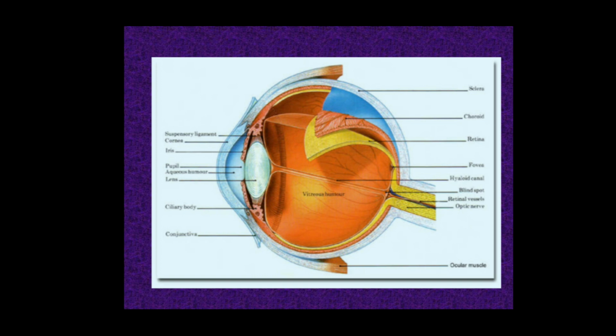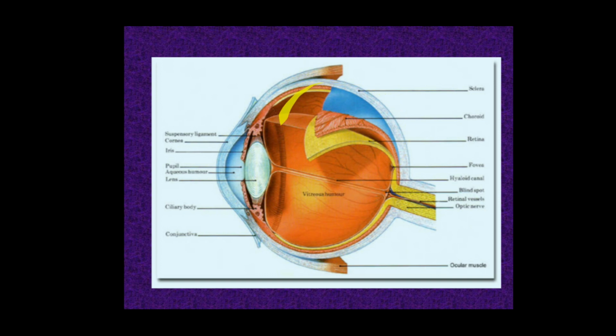The eye appears as a hollow spherical organ. It has different layers. There are three major layers. Here you can see the outside a white layer, the middle a red layer, and the third layer is yellow in color.